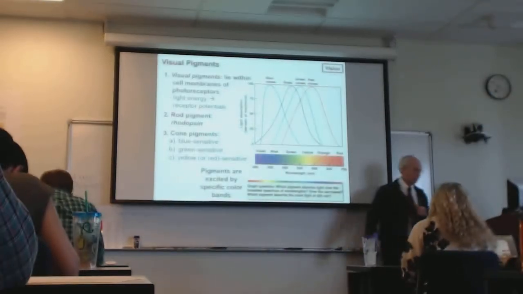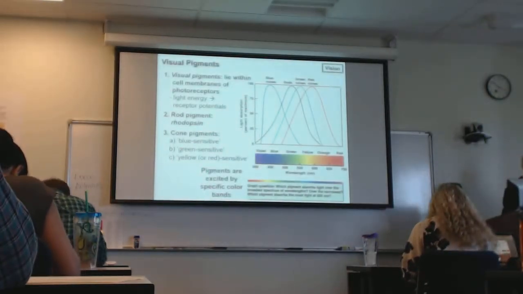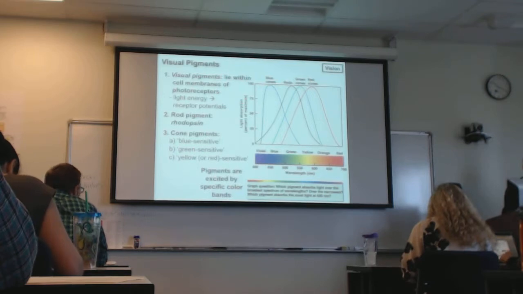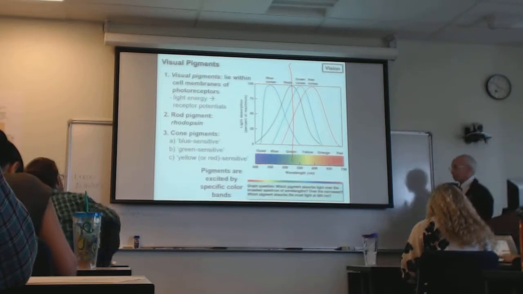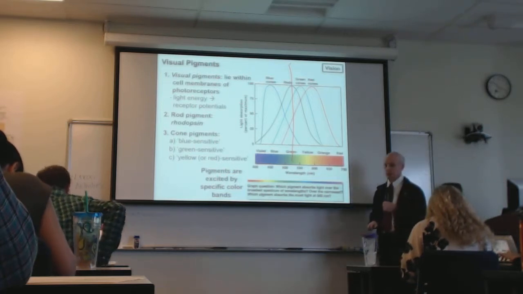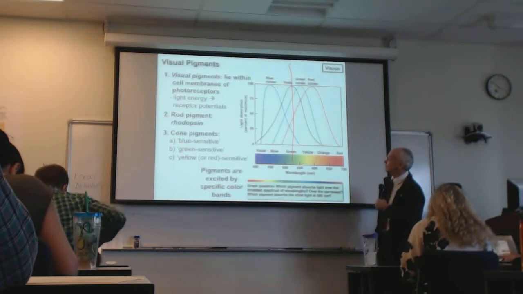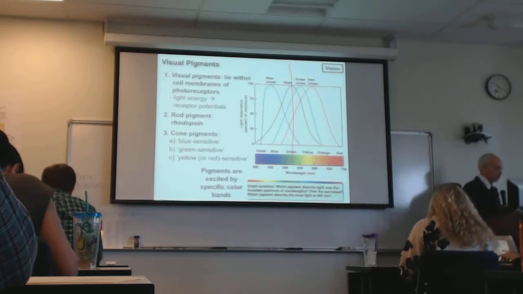Different cones have slightly different sensitivities in terms of the wavelength. You can see blue cones, red cones, green cones, and so on. Whereas rods don't really have that. They're most sensitive, as you can see, to sort of a green light, but they don't discriminate green. It's just light intensity is all that they really discriminate.